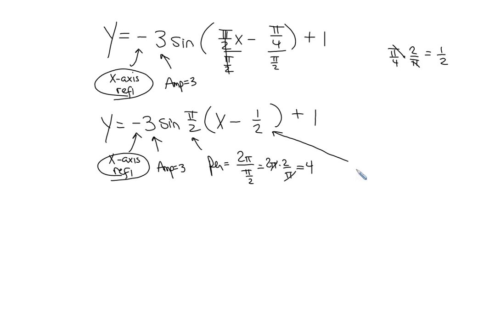Our phase shift is going to go to the right 1/2. Obviously, this could go to the left as well. All my examples just went to the right, but it would work the same going to the left. And then we're going to go up 1. So we're going to do the period first and the amplitude first.